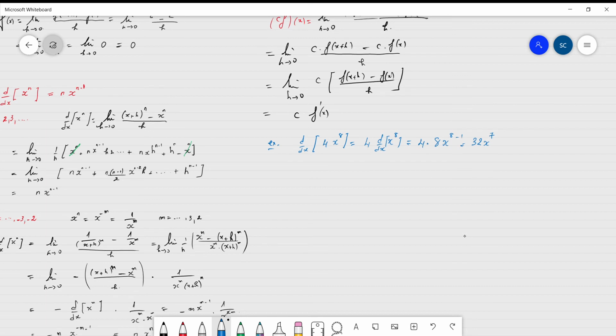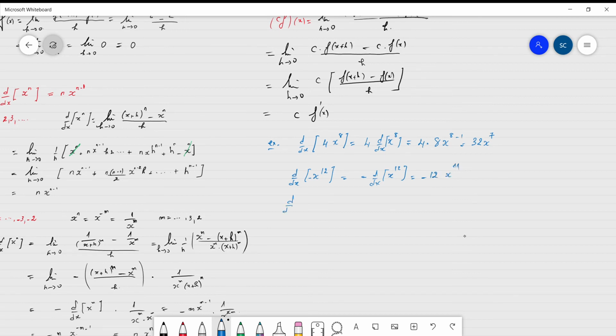Another example quickly. What about the derivative of minus x^12? Again, it's minus the derivative of x^12, which is minus 12x^11.